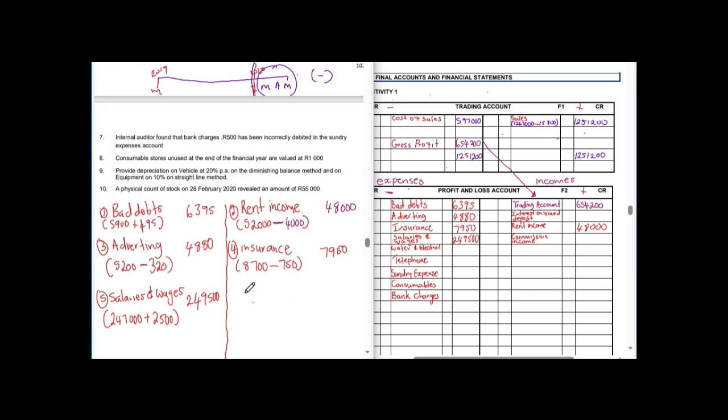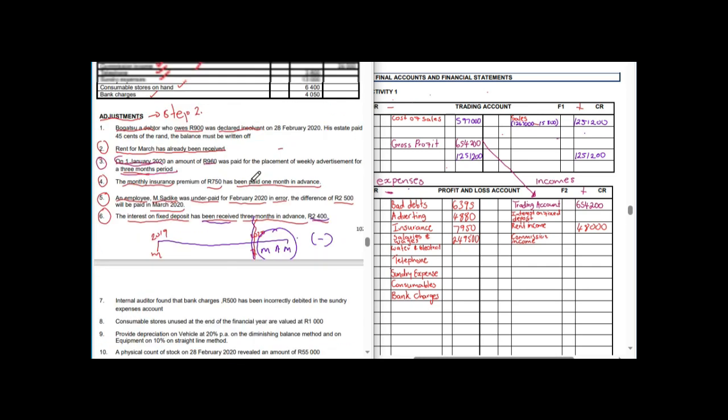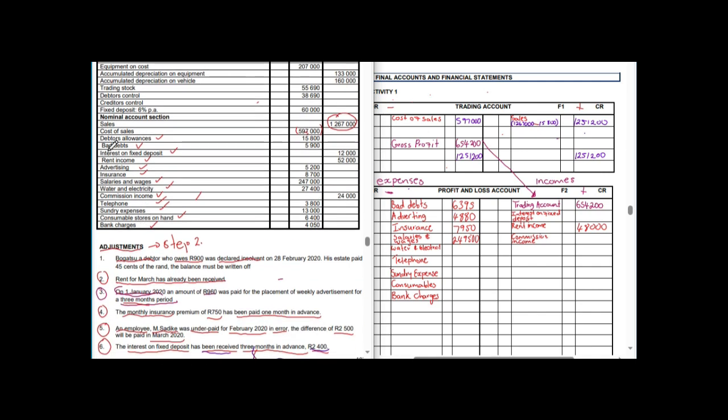And then we'll write transaction number 6 here. Transaction number 6 is interest on fixed deposit. And then the opening balance from our pre-adjustment trial balance guys, interest on fixed deposit, it's 12,000 from our pre-adjustment trial balance.